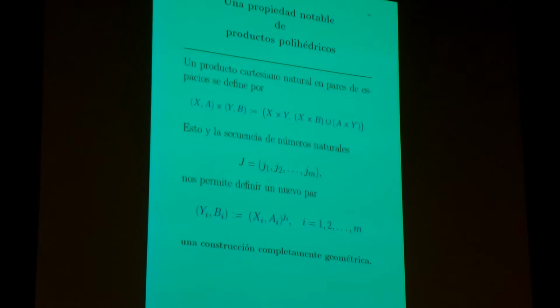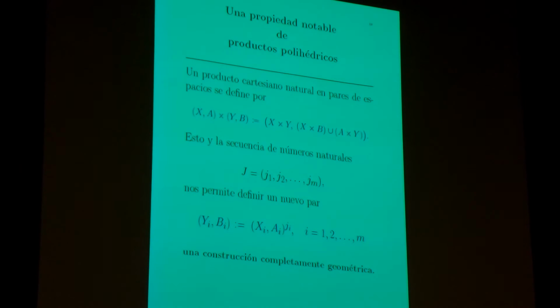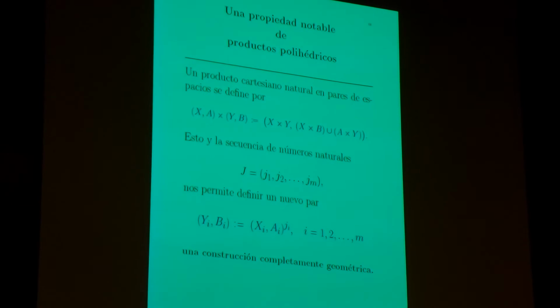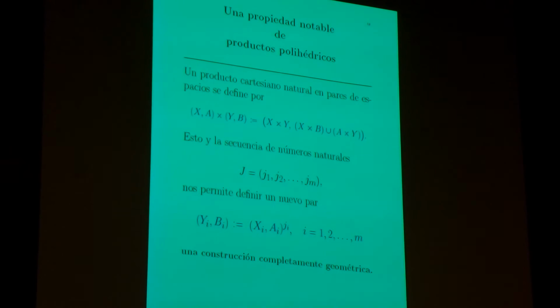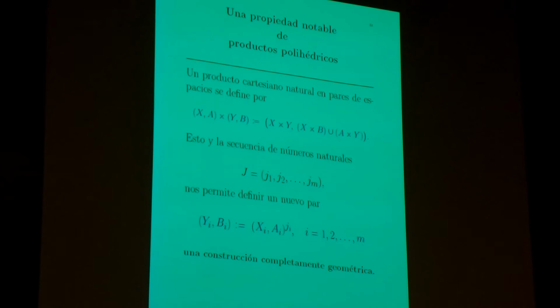But the important point is that I can take the Cartesian product of 2 pairs. Now, if you give me a string of integers, j1 to jm, then I can exponentiate, right? I make a new pair, (Y_i, B_i), to be (X_i, A_i) raised to the Cartesian exponent j_i.